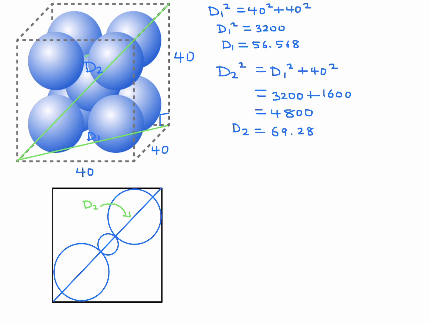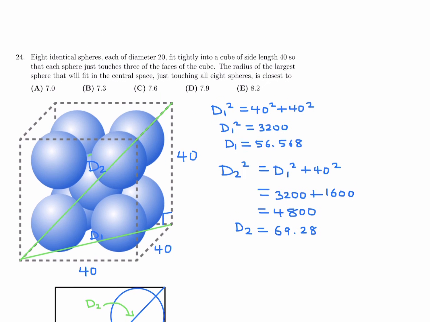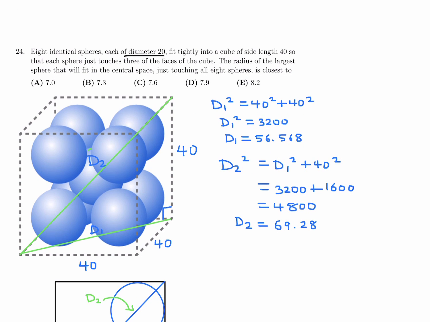Now, a lot of this is something that we already know, but some of it we will have to do a little bit more calculation. What we know so far is that from here to here, that's just going to be the diameter of the sphere. And the diameter of the sphere, we know, is 20, right? They tell you that in the question.